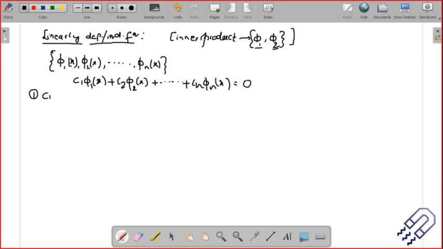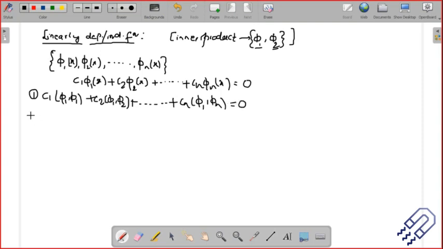In the first step, we can just multiply it throughout and take an inner product with phi1, so like this, c1 phi1 phi1, plus c2 phi1 phi2, plus and so on, so we can write it this way, plus cn phi1 phi n is equal to 0.